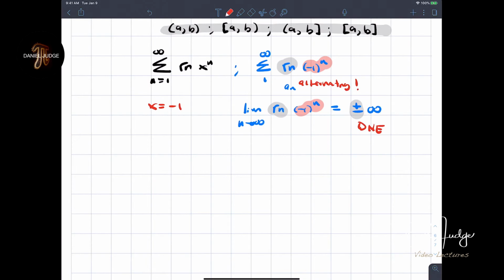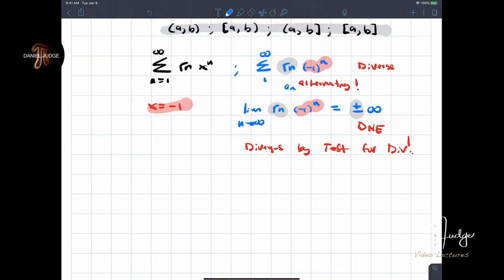So what that means is this series will diverge, or we say diverges by the test for divergence. And that happens when x is -1.